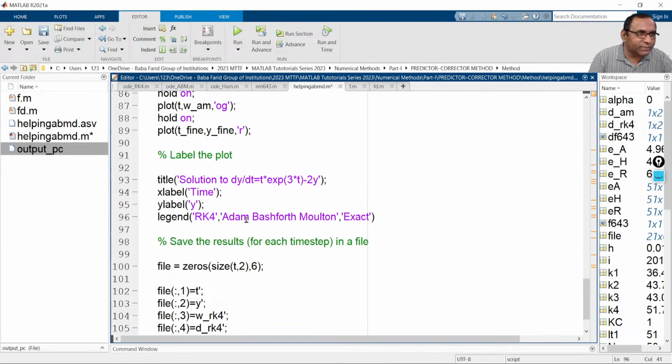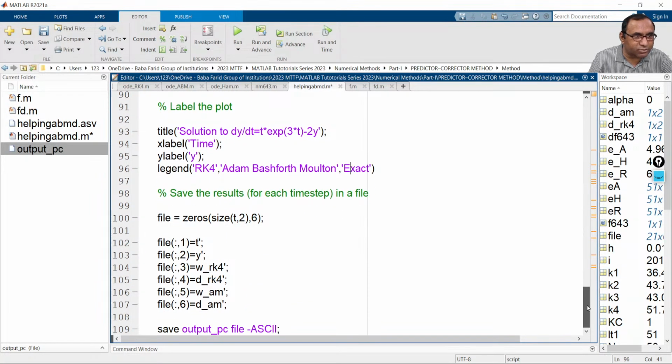So after that, you need to get the numerical solutions also, and you can do here file 1. This is the one which is t dash. File 2 we have y dash. Then we have file 3 which will be the Rankata fourth order. Then file 4 we have the difference of Rankata.